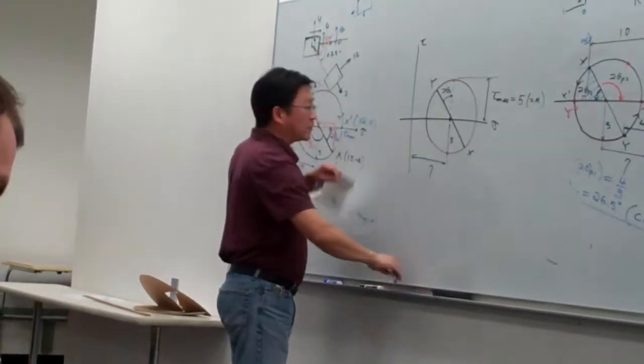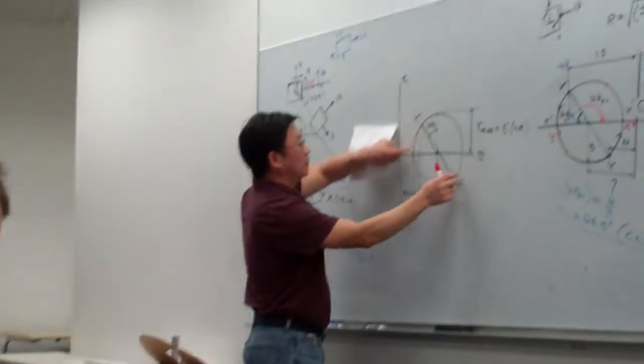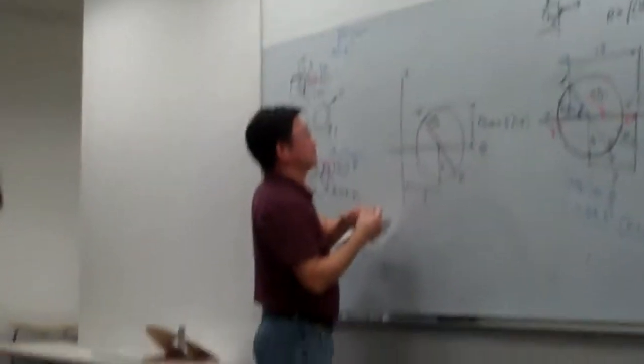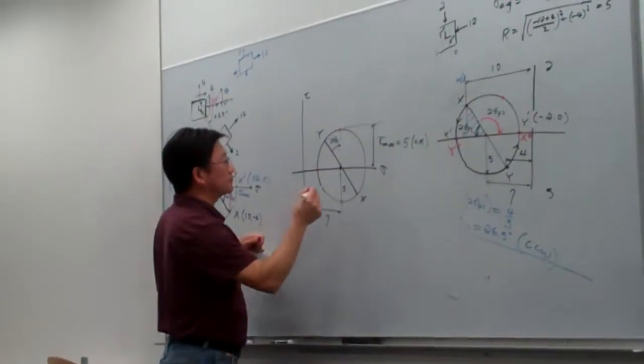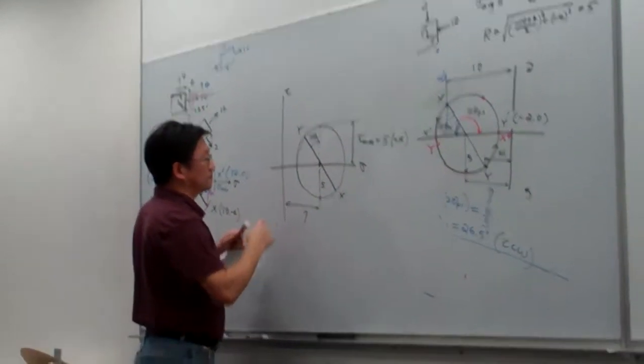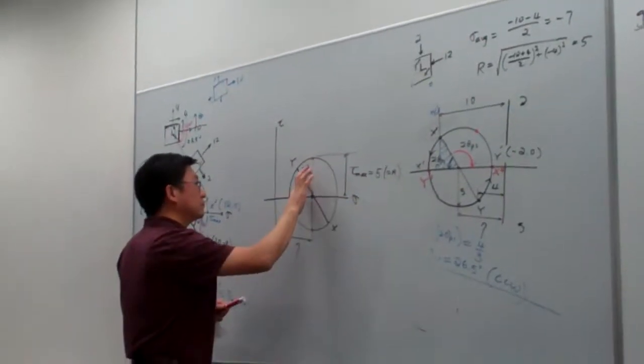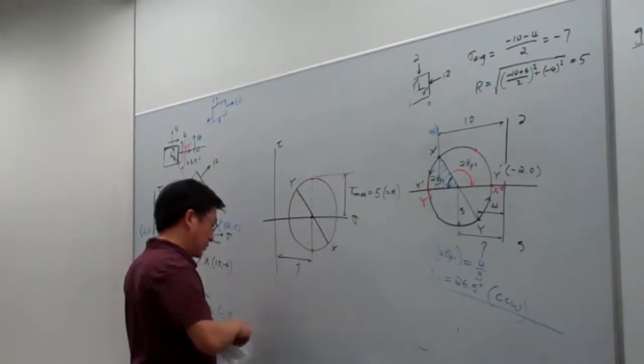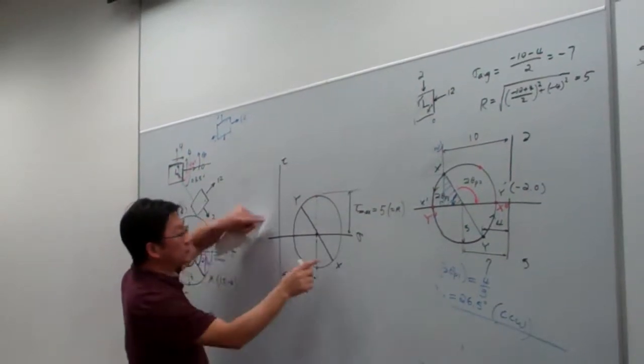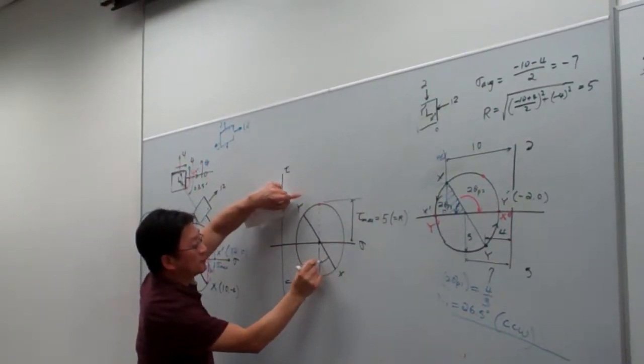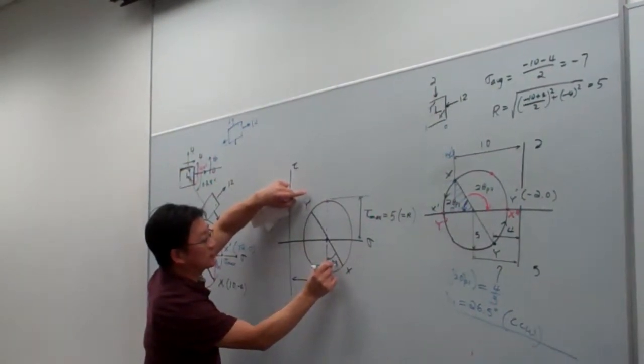The other option is we go this way. The first option is to go this way. That is the same 2 theta s.